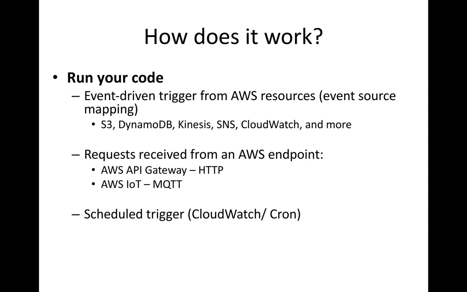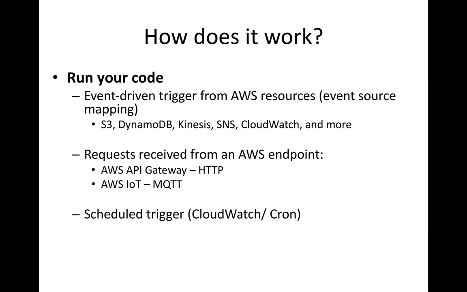When you set up these event triggers to invoke the execution of a Lambda function, we call that setting up an event source mapping. And you can use services like S3 or DynamoDB, Kinesis, CloudWatch, and several other services to configure event triggers for Lambda functions.